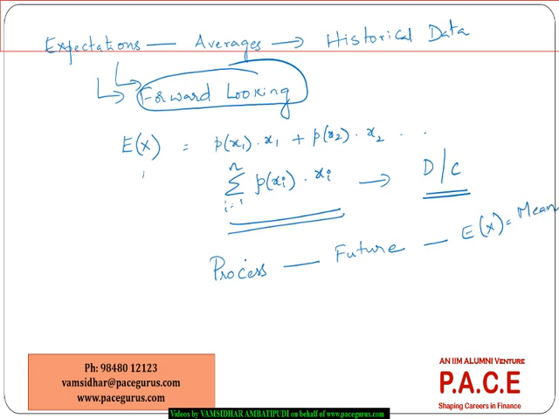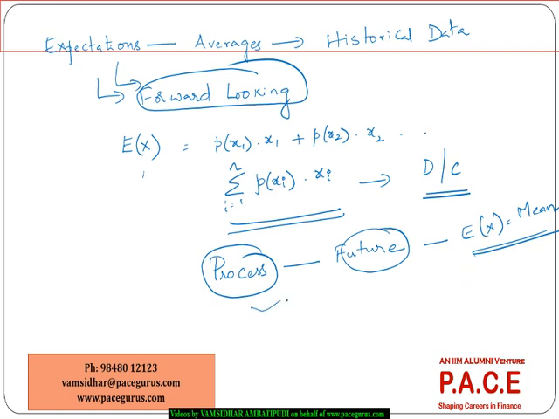So there are two assumptions where I can equate the expected value to the mean. One, the historical data during a particular period which we have considered is generated by some process, and that process continues to be the same even for the future data as well. That is when I can say that the expected value is the same as the mean.